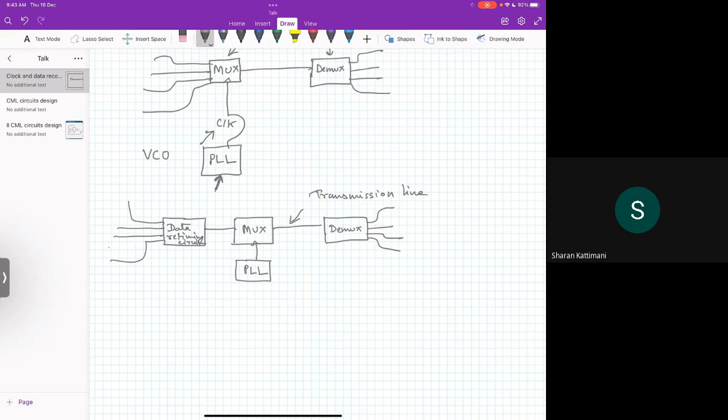And when you are designing such a system, you should first characterize the transmission line, get its parameters, and use them during simulations when you are actually designing the mux. Okay, so this transmission line characterization is required.